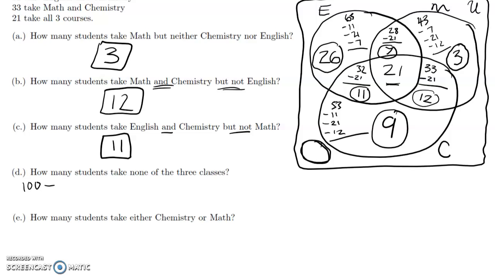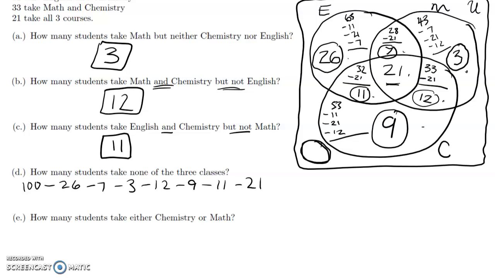We could do a succession of 100 minus 26 minus 7 minus 3 minus 12 minus 9 minus the 11 and minus the 21. And just double check that you've got the correct numbers and you haven't relisted any of them. So we went 26, 7, 3, 12, 9, 11, and 21.